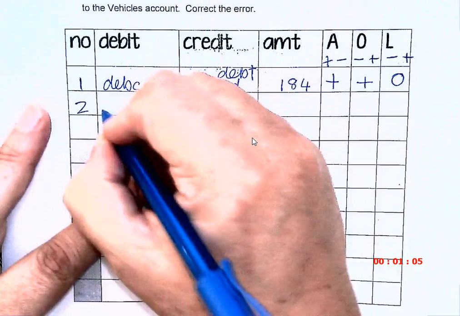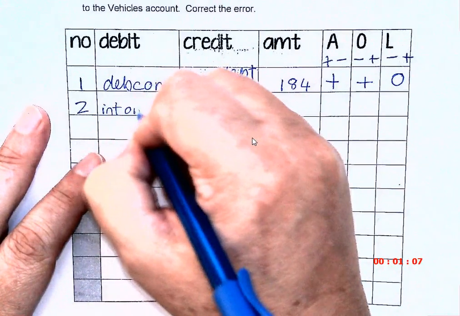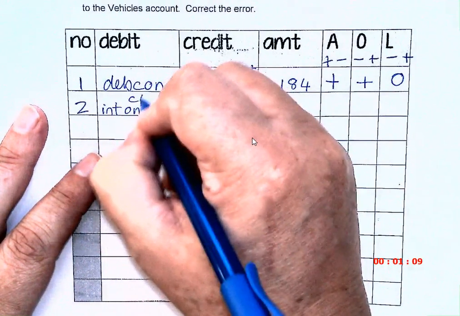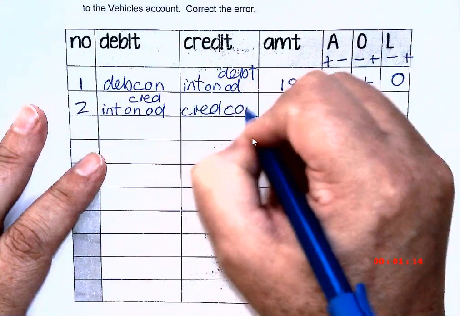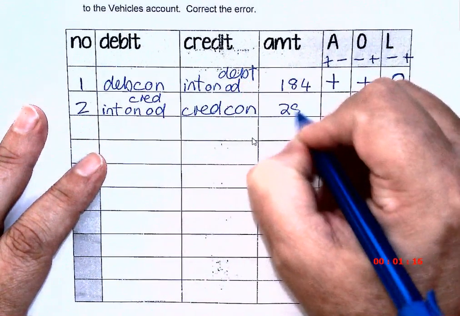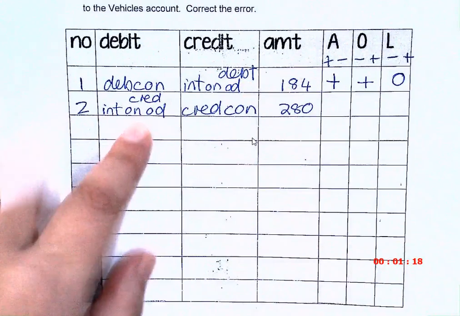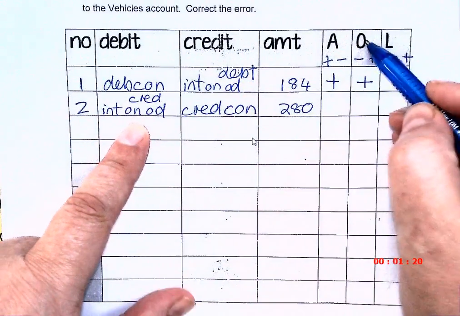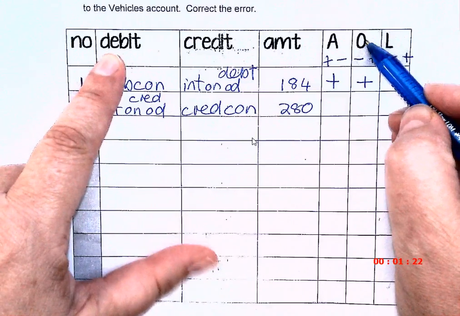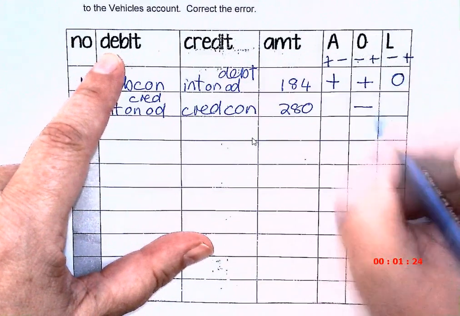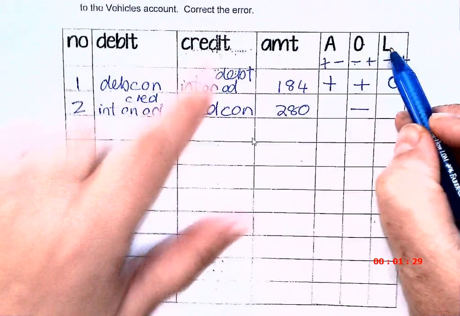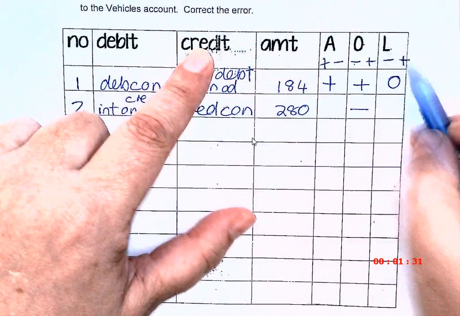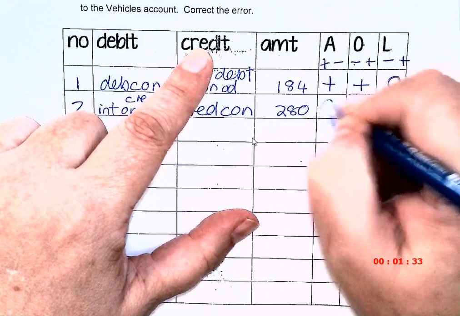It's going to be interest on overdue creditors, creditors control, 240, 80. Interest is always the owner's equity. It's on the debit side, so it's a minus because this is an expense. Creditors is a liability. It's on the credit side, so it's a plus. Nothing with assets.